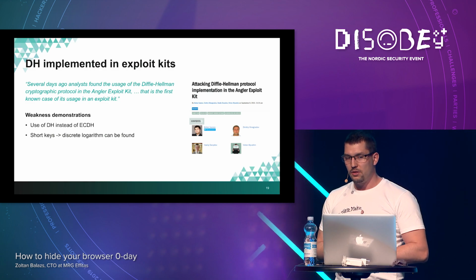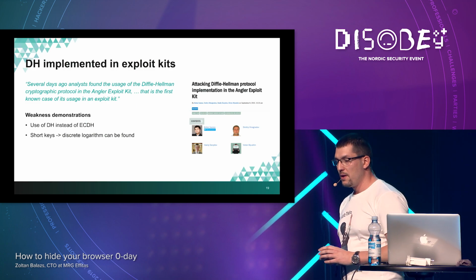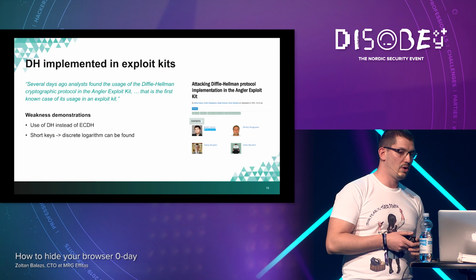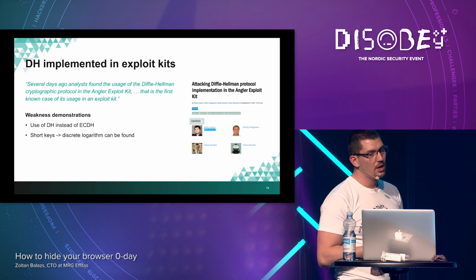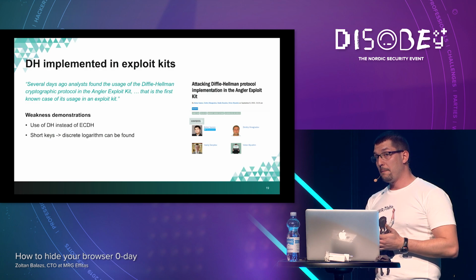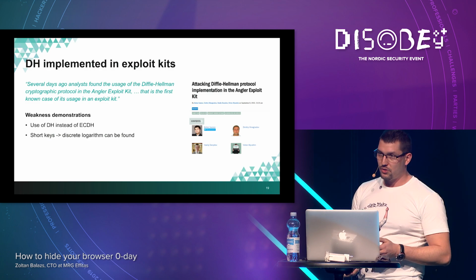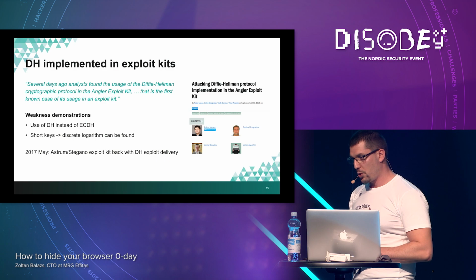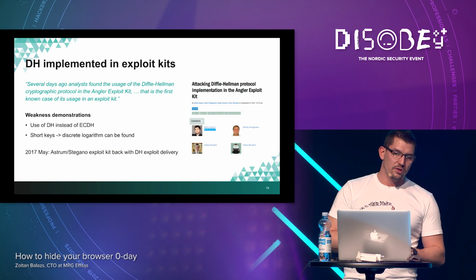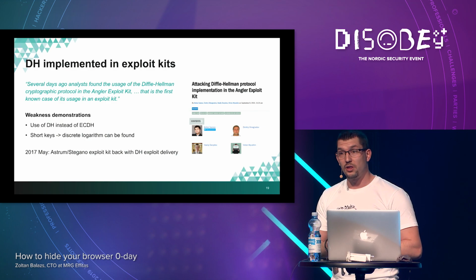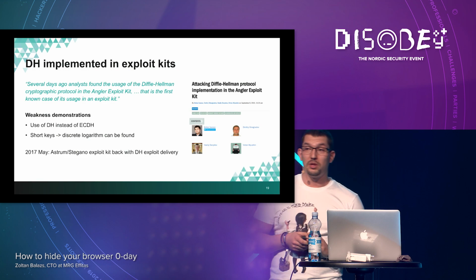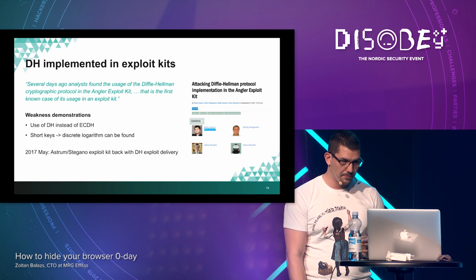And the guys from Kaspersky Lab used some clever math, and they were basically able to find the discrete logarithm used in these exploit kits, so they were able to crack it. And some months later, other exploit kits also started to implement encrypted exploit deliveries.